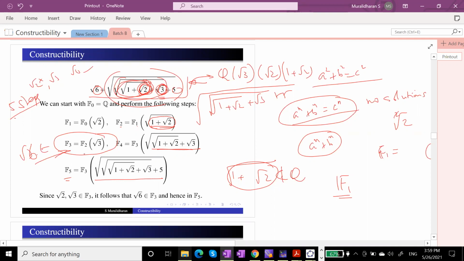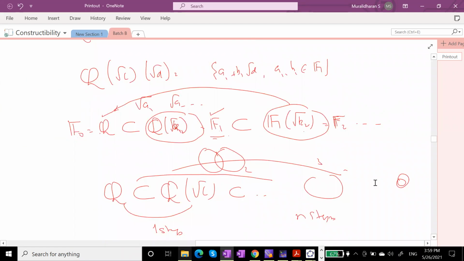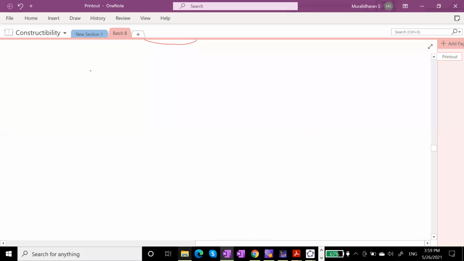And how can I construct that? By following steps like this one. So we have a nice criteria for constructibility. What is the criteria? I can construct a number if and only if we can find, let us call this a tower.